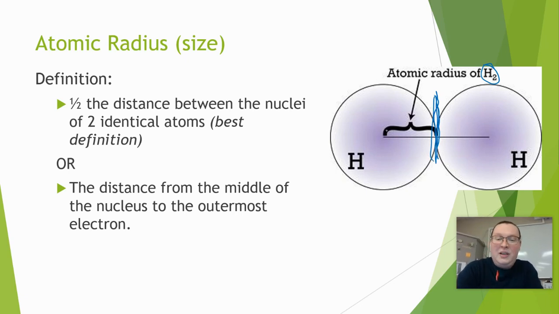The distance from the center to where that happens is the atomic radius. Really, it's just a question of how big is that atom with its electron cloud included. A lot of times the easier definition is just the middle of one nucleus to the outermost electron. That doesn't always work for all atoms. Really, the best definition is the first one, but the second one works just fine.